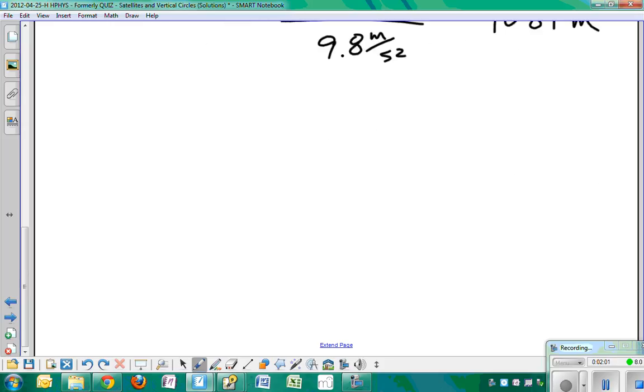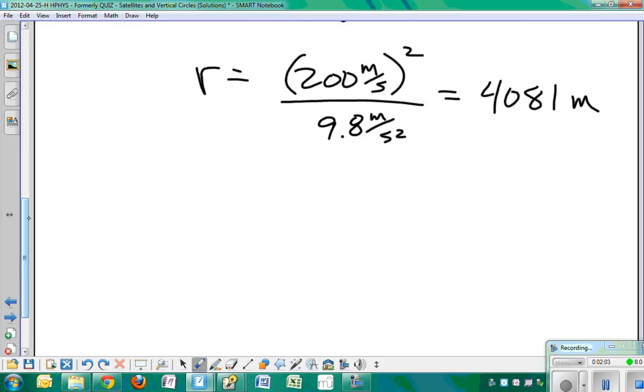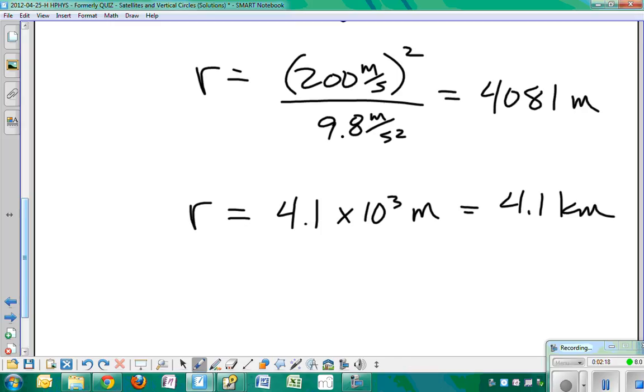For the sake of significant figures, any chemistry teachers watching, we probably should call it 4.1 times 10 to the 3 meters, or that's just going to be equal to 4.1 kilometers. That's a pretty big loop.